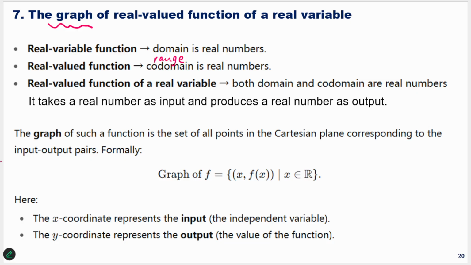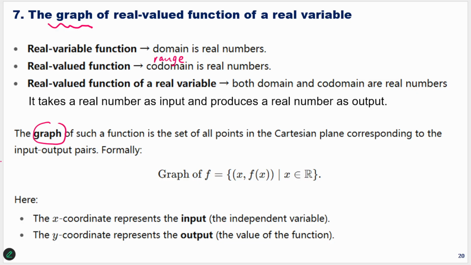Then, the graph of such a function is actually the set of all points in the Cartesian plane corresponding to the input-output pairs. If you only consider single variable functions here, it's actually all points in the 2D Cartesian plane, right? So we could use a graph on the 2D Cartesian plane to describe a function.